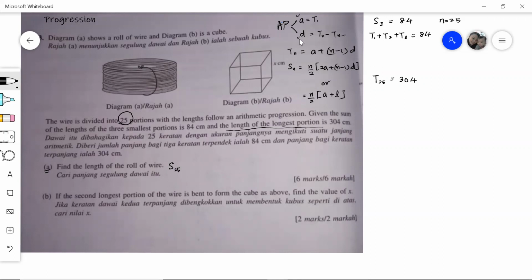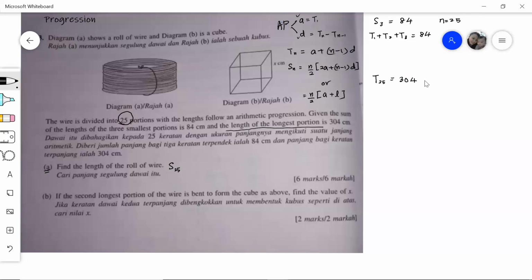That is the reason I said whenever we are dealing with arithmetic progression, a and d are the two things that we must have. So how do we find a and d? When we have two unknowns, we must have two equations to solve. Here we have two equations, so we can find the values of the two unknowns.